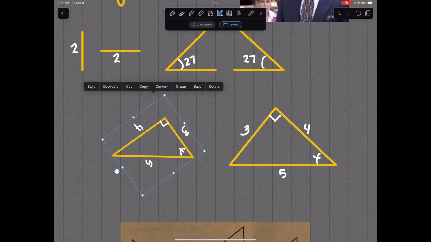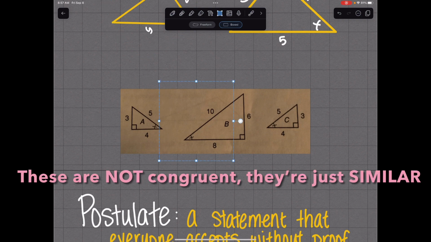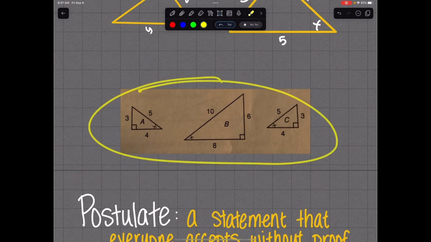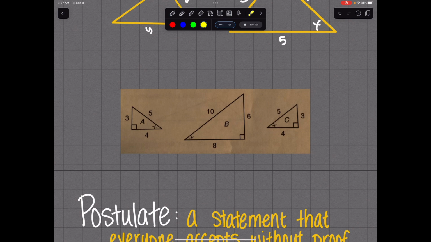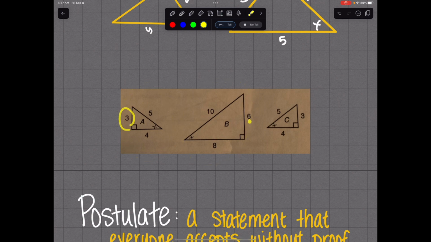Okay, and then it turns out that all 3 of these triangles right here are similar because the lengths of the sides in this triangle B are twice as long as these in triangle A. So if you take the 3 and double it, you get a 6. If you take the 4 and double it, you get an 8. 5 doubled is 10.